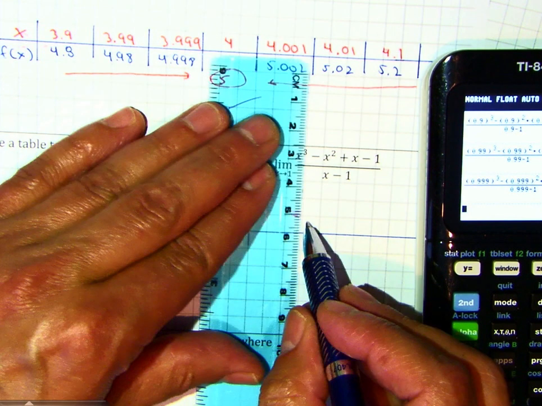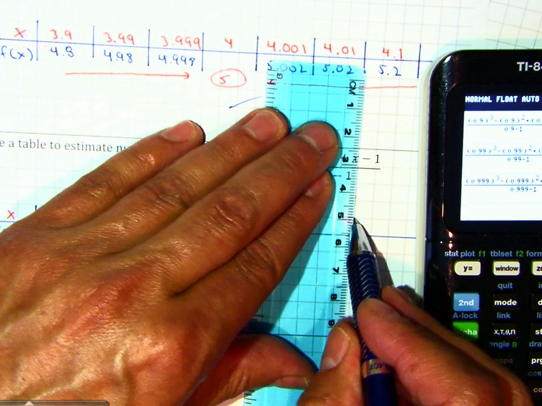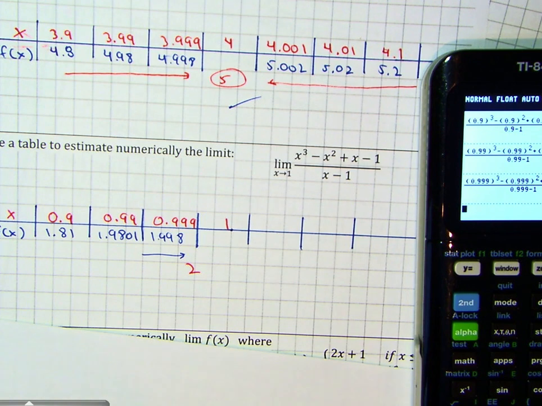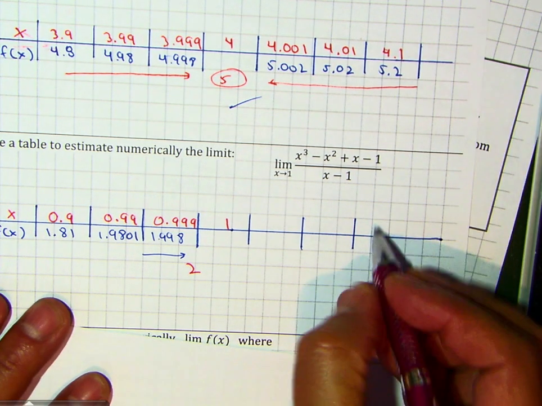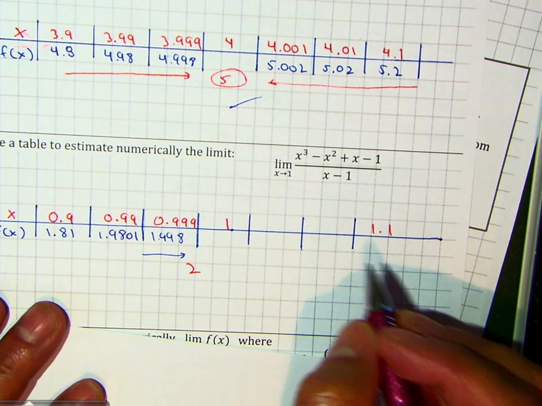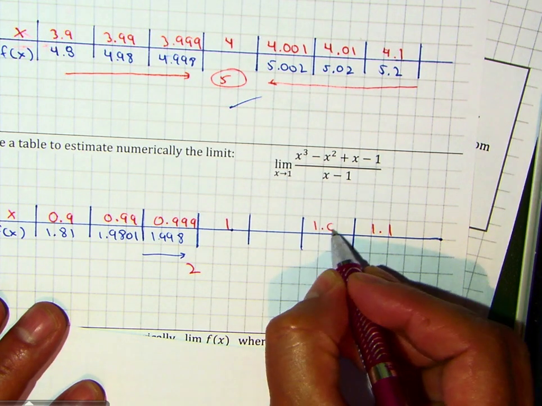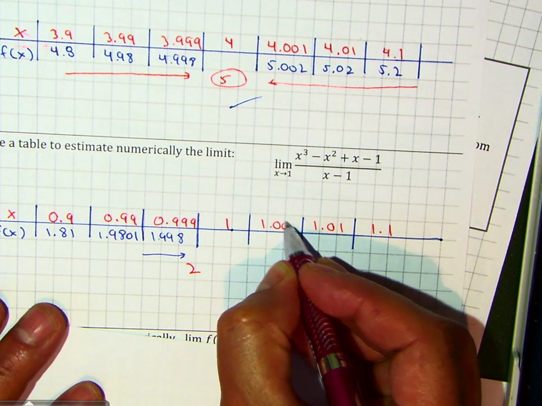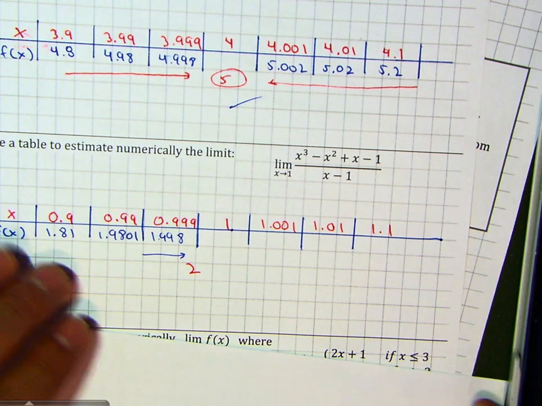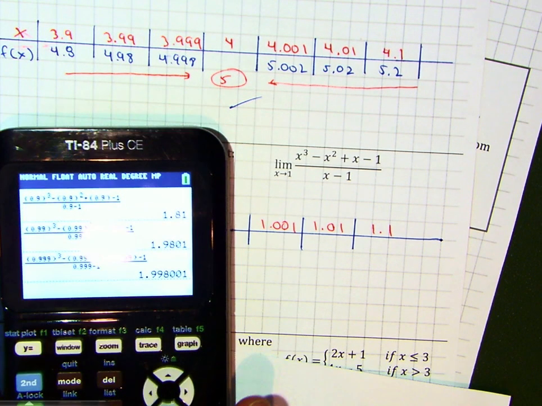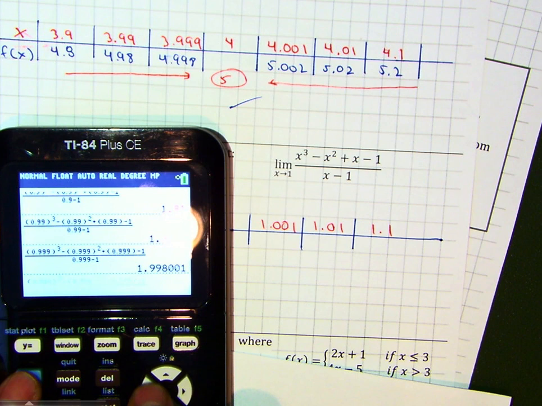Once again, I'm going to use 1, 2, and 3 decimal places. And the first number should be 1.1. Then it will be 1.01 and 1.001. So let me just go back or re-enter.